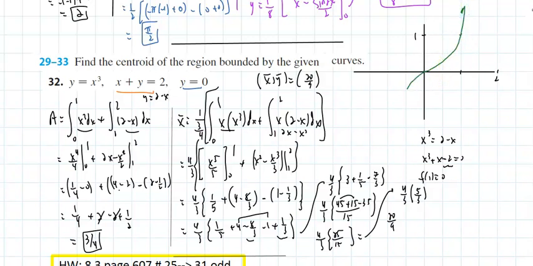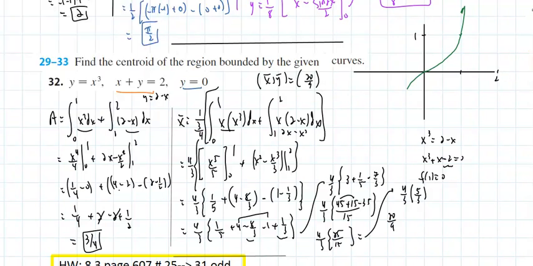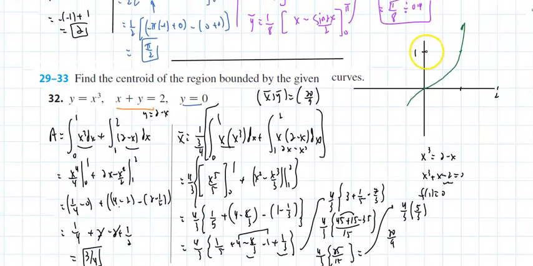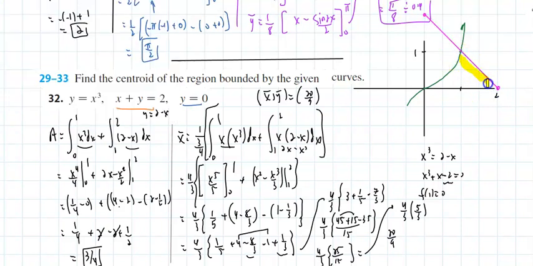Y equal 2 minus x. So we're talking about this region. So we could just see it better. There we go. And we figured that that was 1, not a problem.